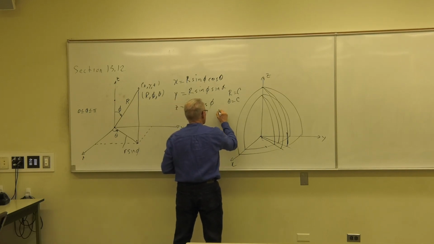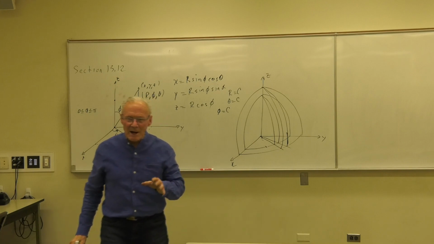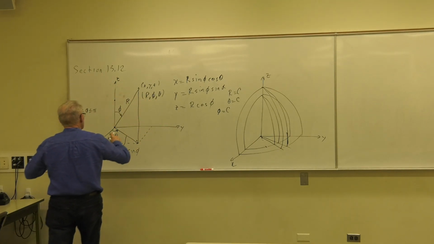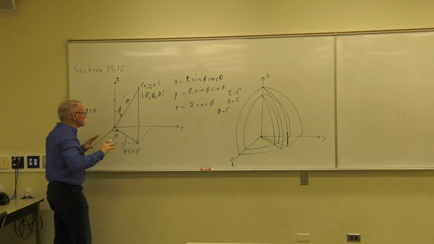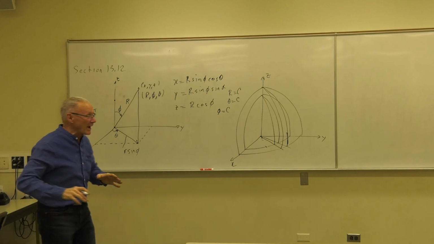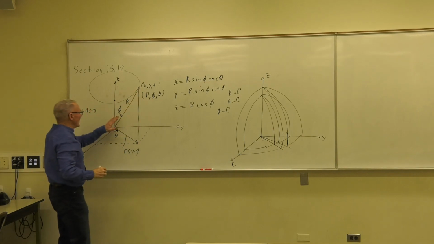Then we have to draw phi equal constant things. What are phi equal constant things? Phi is a measure of angle down from the z-axis. You say, I want to look at all points that have the same phi. Would that not be a cone with angle phi?